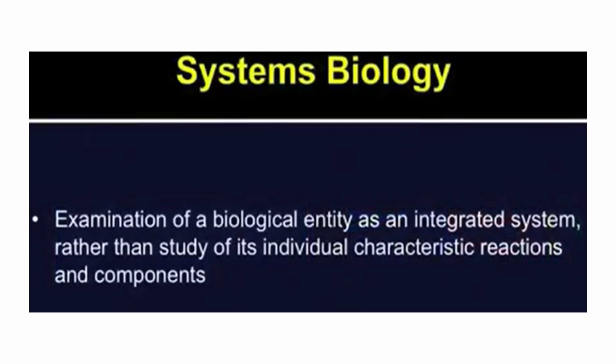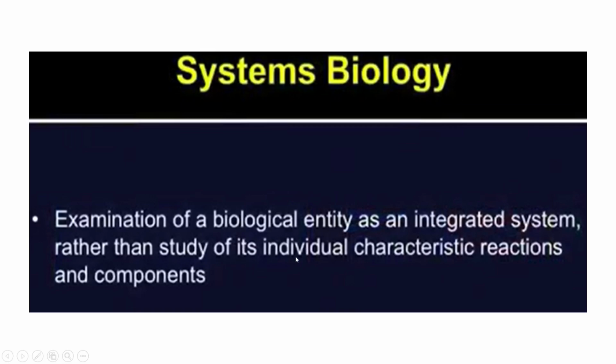So what is systems biology? It is the examination of the biological entity as a whole integrated system: the whole cell, everything inside the cell that you want to study. It's a higher branch, and in that branch all different branches come into the picture.